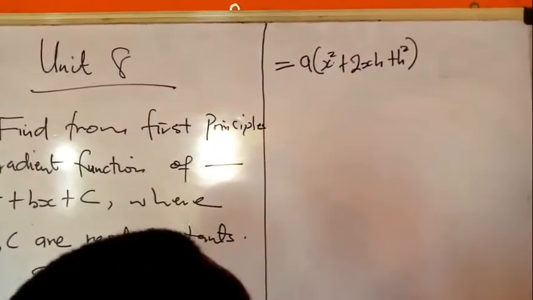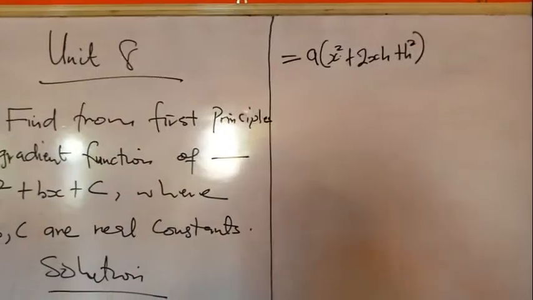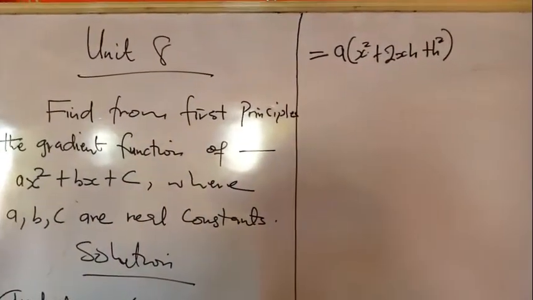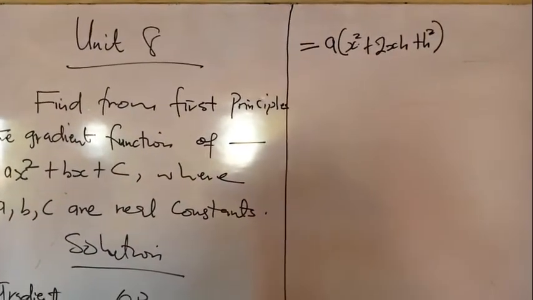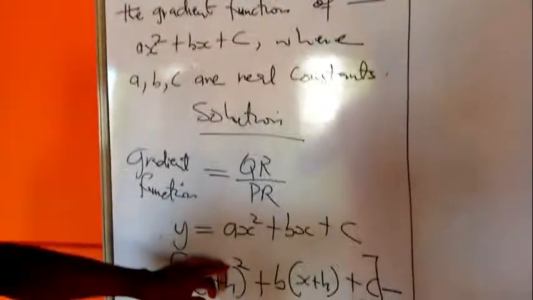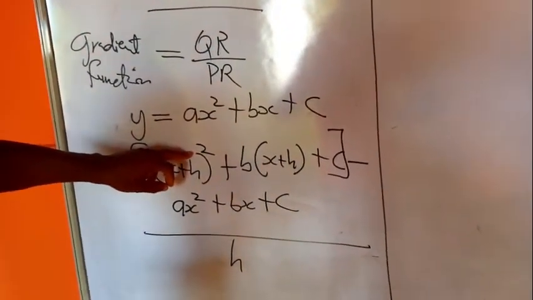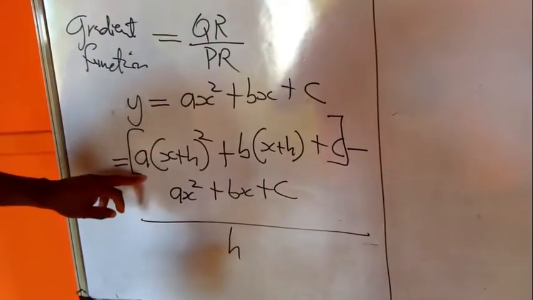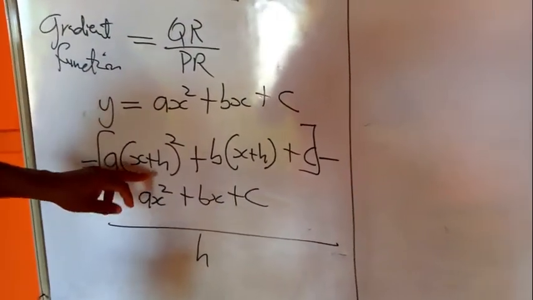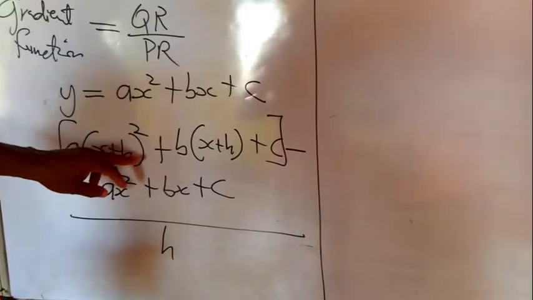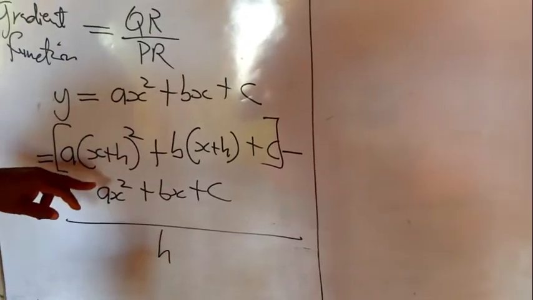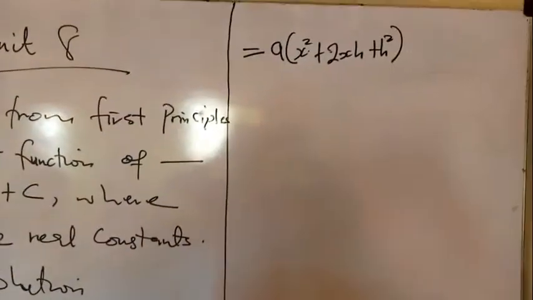So what I've just done is expanding x plus h all squared. We won't go into the procedure of this expansion. You're already used to it. So a into x plus h squared, instead of having a squared, you are now having x squared plus 2xh plus h squared. So that's what you have.